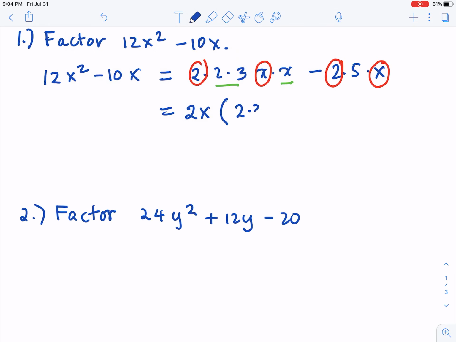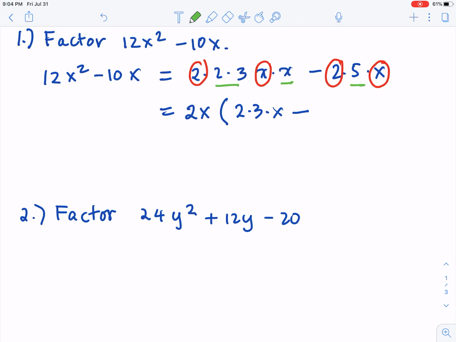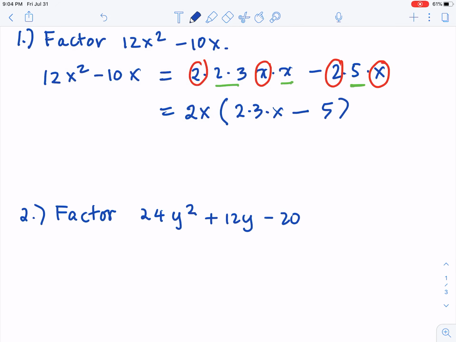So that's 2 times 3 times x. And then you have the minus sign. And then yung sa second term natin, ang natira ay 5. Okay. So that is equal to 2x. Ano ang 2 times 3 times x? That's 6x minus 5. Okay.